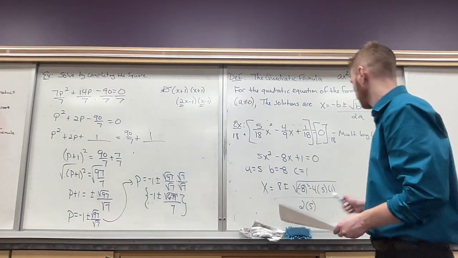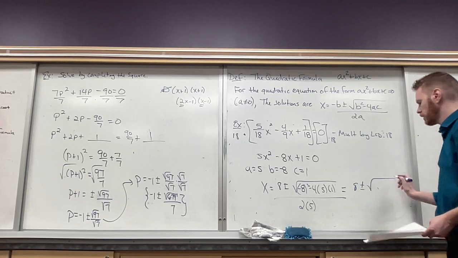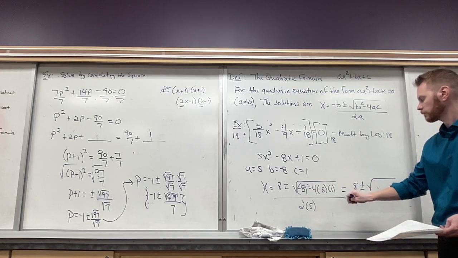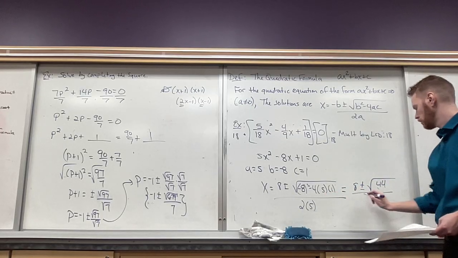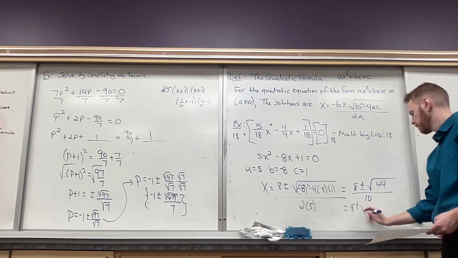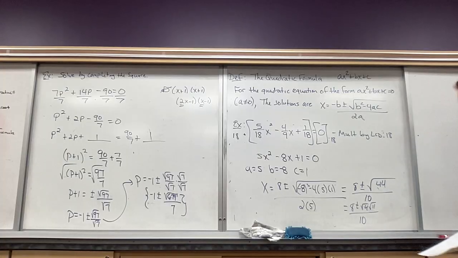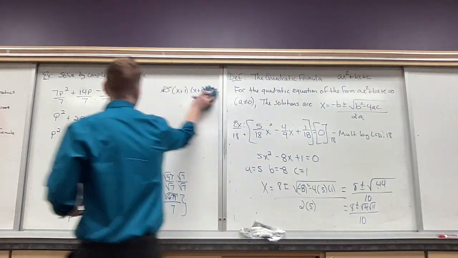It really is. Okay, so we get 8 plus or minus. That's a 64, and that's going to be a 20. So this is a 44 then. I'm going to break up the 44 into 4 and 11. And I'm out of space, so we're going to put the rest over here.